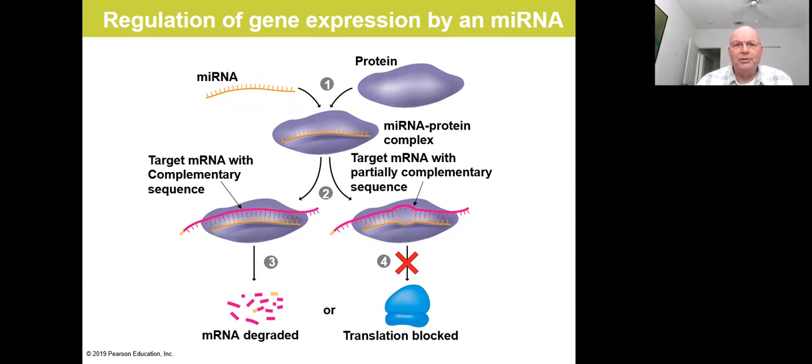So one way or another, the miRNAs prevent translation of the messenger RNA, either by being completely complementary to the sequence of the messenger RNA and leading to its breakdown, or being partially complementary to the messenger RNA and consequently acting as a block to the ribosome so they can't translate the RNA. Either way, you're not going to get a polypeptide being produced. And again, it's a way of regulating the expression of the gene.